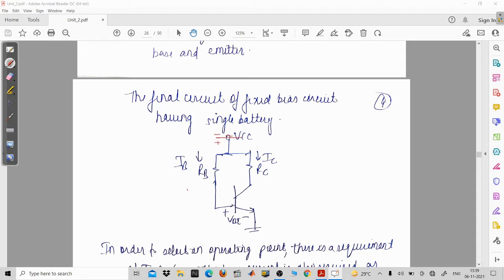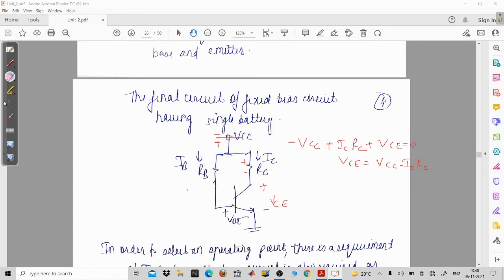So minus VCC, then again the current is going to enter into the passive element, that is the RC, so plus IC into RC. Then this will be plus and minus, so VCE will be there. So VCE will be equal to VCC minus IC into RC. In this way you can easily find the VCE value.